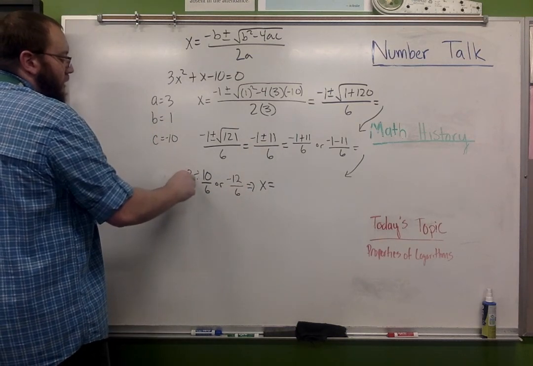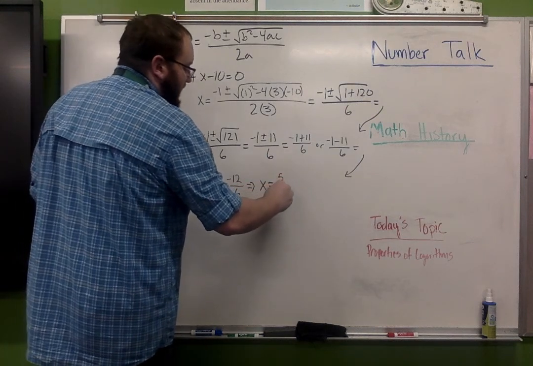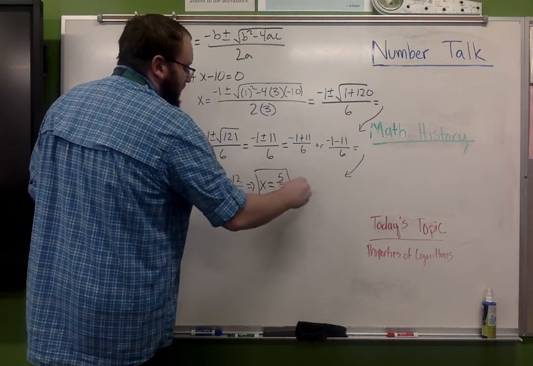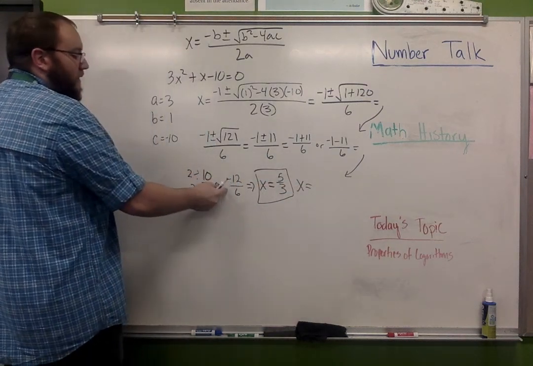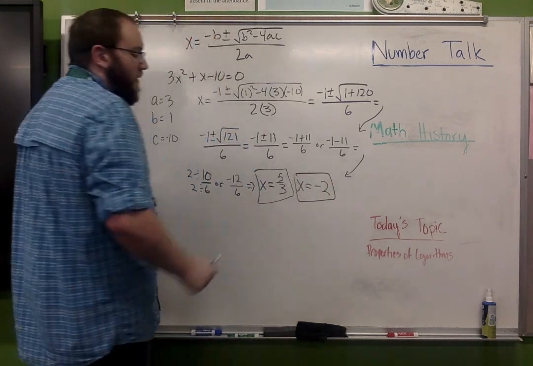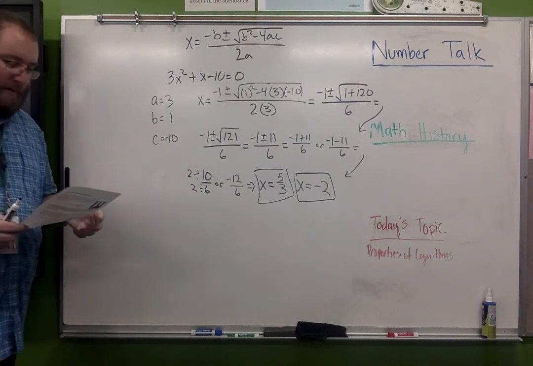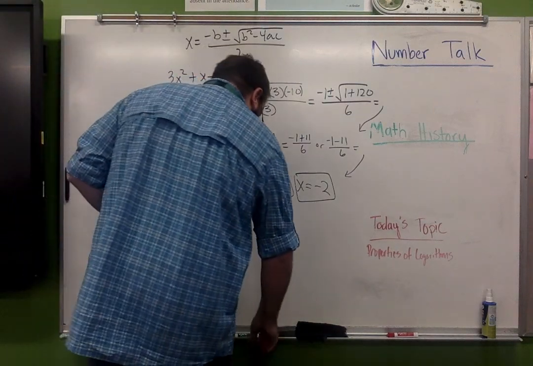We can divide numerator and denominator by 2, so you get 5/3. And this one over here, negative 12 divided by 6 is negative 2. And there's your two answers. Okay, let's do the next one together.